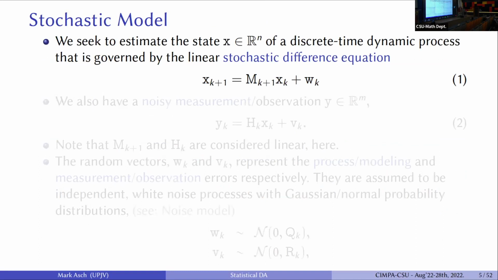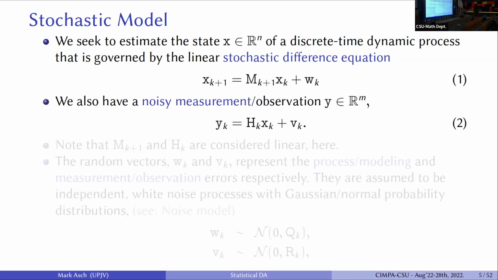We have two things. We have a noisy system, and this is a stochastic difference equation. It's not a differential equation, because if I took x_k and subtracted, and divided, you could see this is x_{k+1} minus x_k divided by delta k equals M_k plus noise.